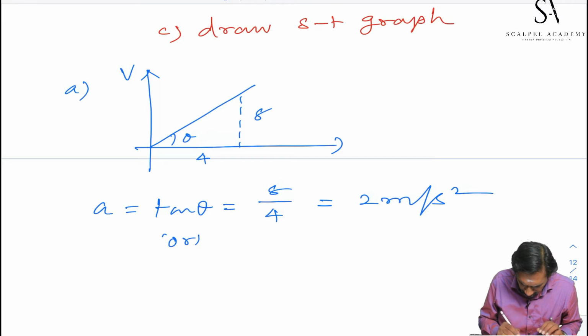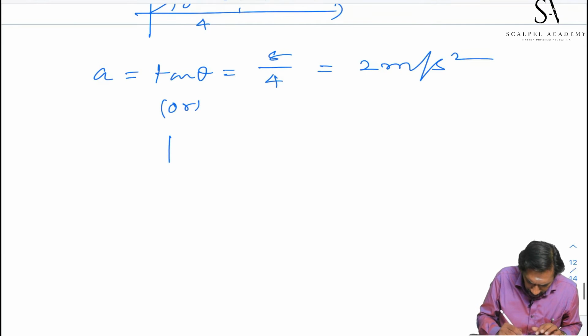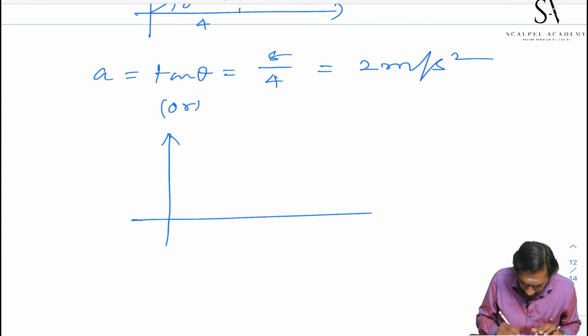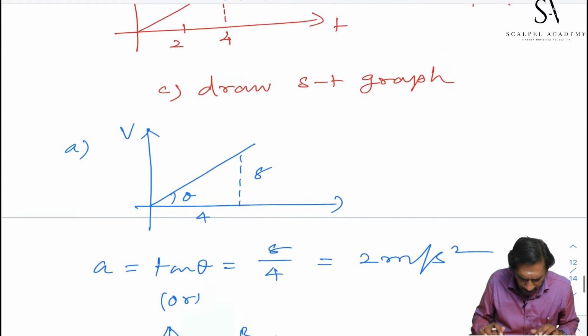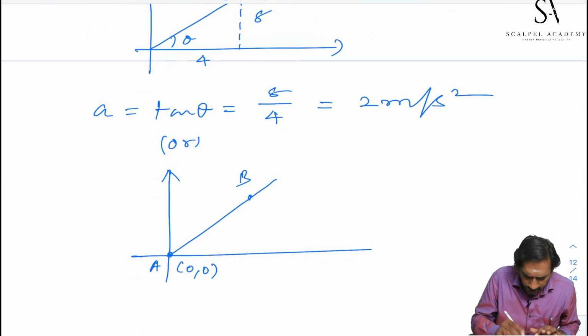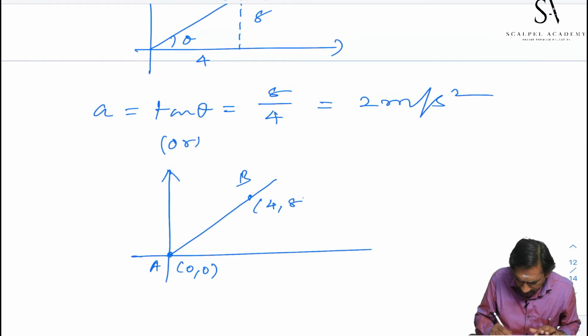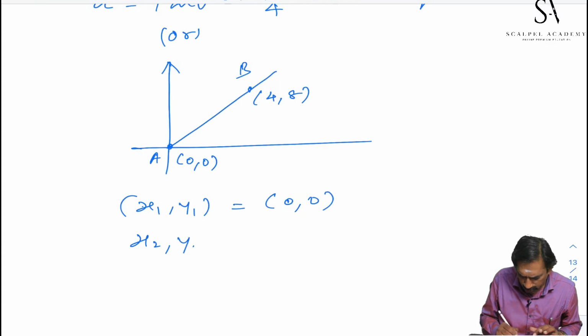Or, I take the origin as point A. This is A point, coordinate 0, 0. This is B point, coordinate 4 comma 8. x1 comma y1 is equal to 0 comma 0, x2 comma y2 is equal to 4 comma 8.